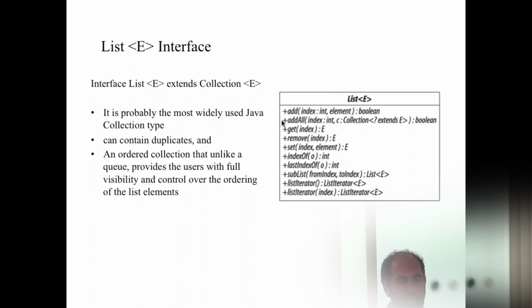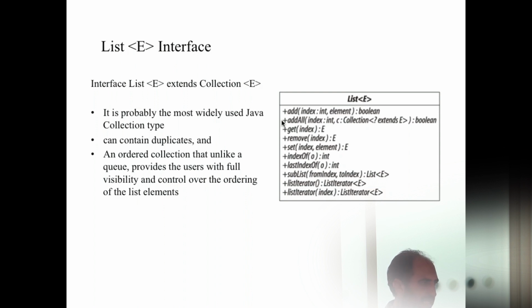For example, in a list you can have duplicate values, but a set is similar to the concept from mathematics. We cannot have duplicate elements in a set. So if you want your collection to contain only unique values and no repetition, then maybe you can use the set interface or a class that implements the set interface.